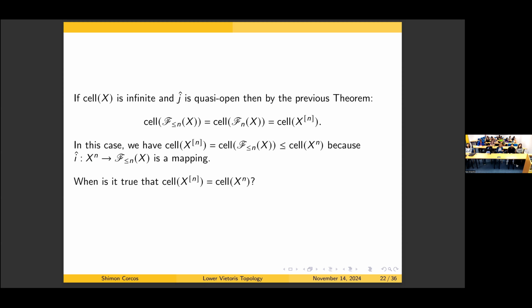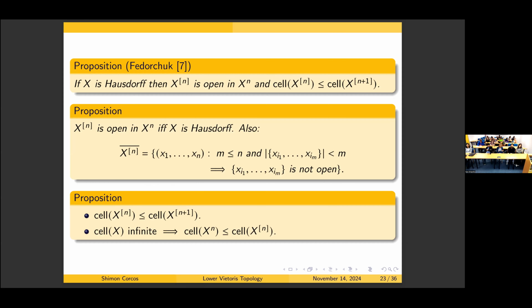And we can actually show that for any space with infinite cellularity. What was shown previously, again by Vietoris, is that if X is Hausdorff, then this augmented nth power is open in the nth power, and some other condition is satisfied.